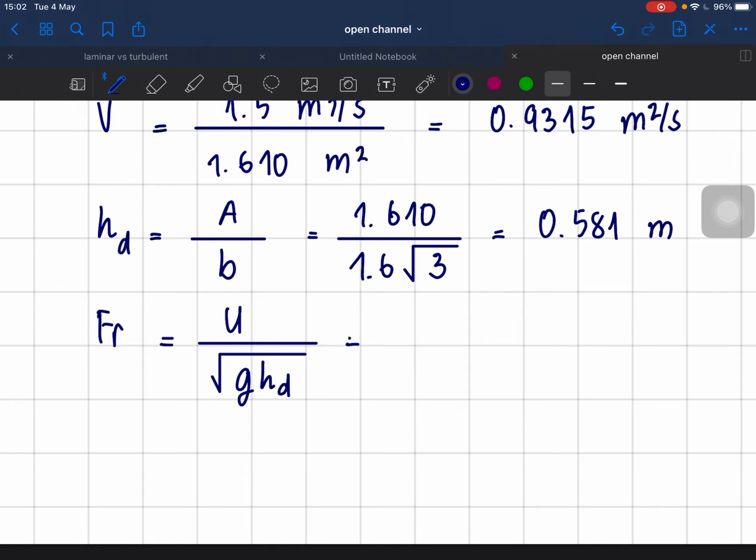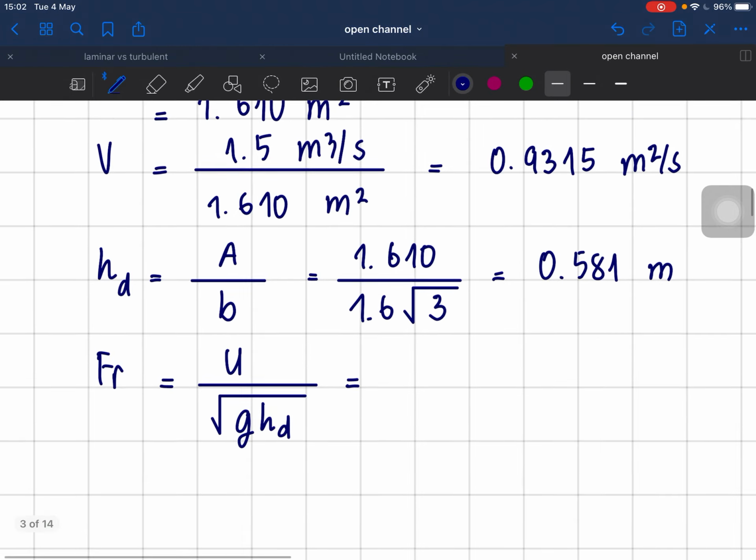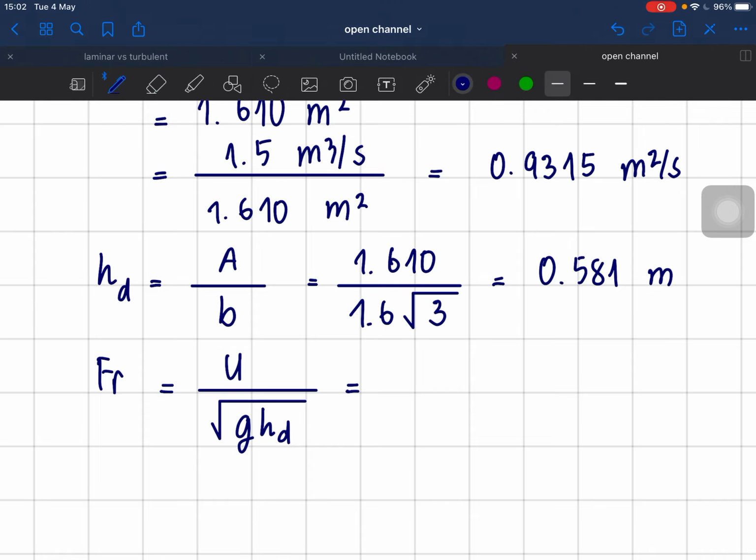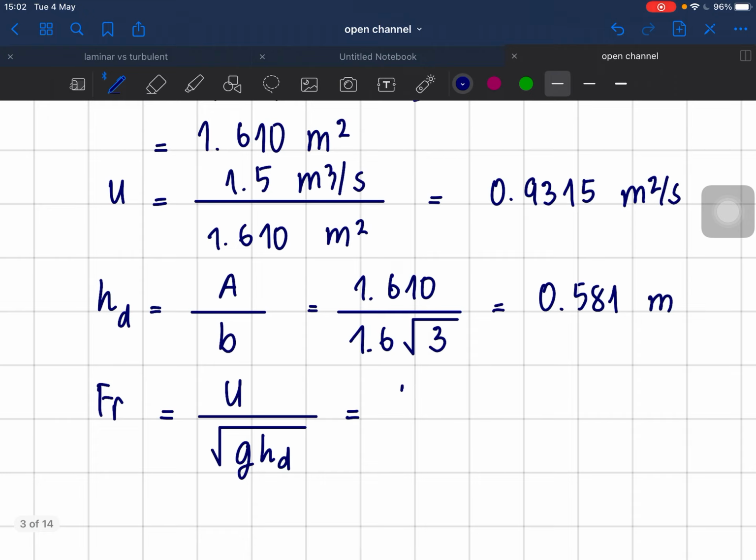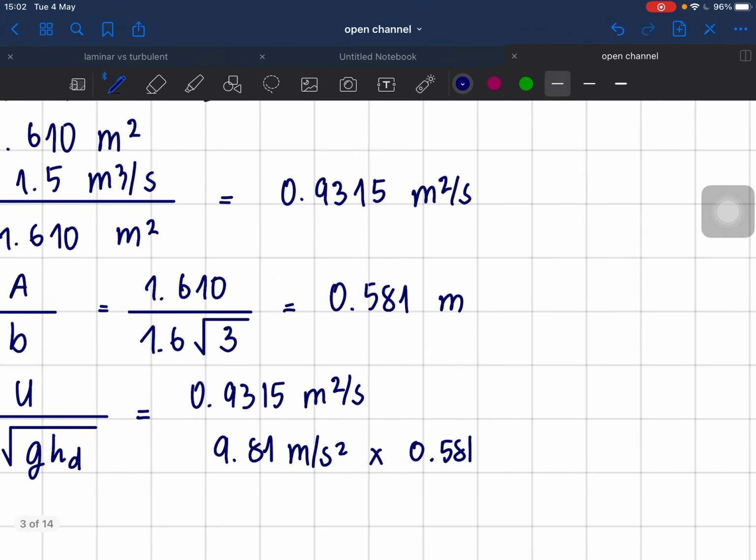square root of g times HD. So here the U that we got up here, I'm not really used to V and U yet because I just switched from V to U. 0.9315 meters square per second. This is 9.81 meter per second square times 0.518 meter.